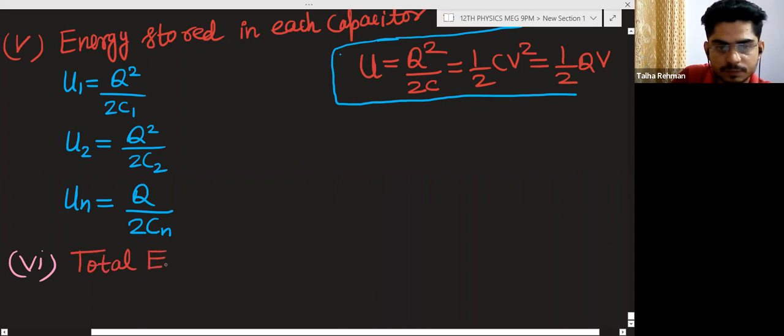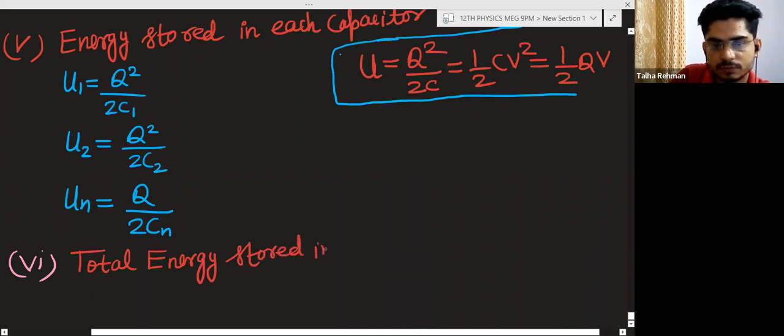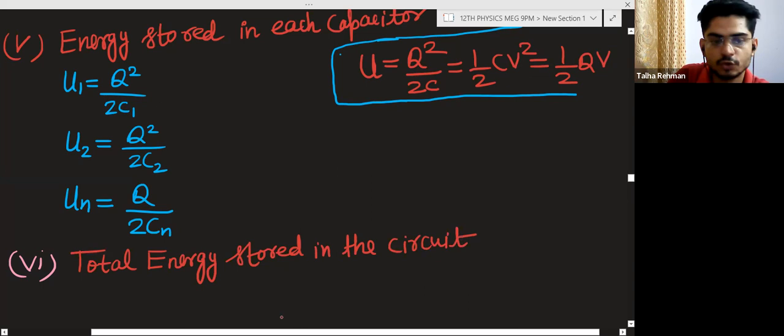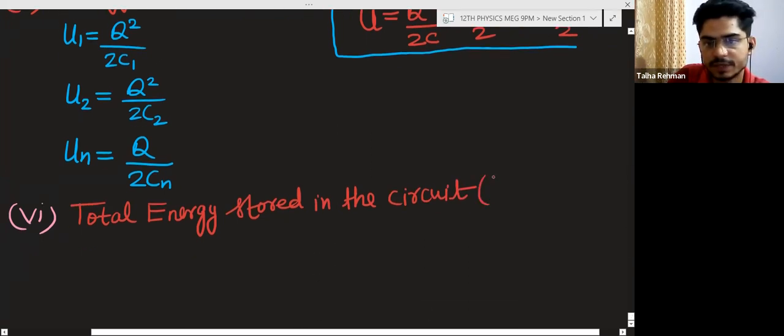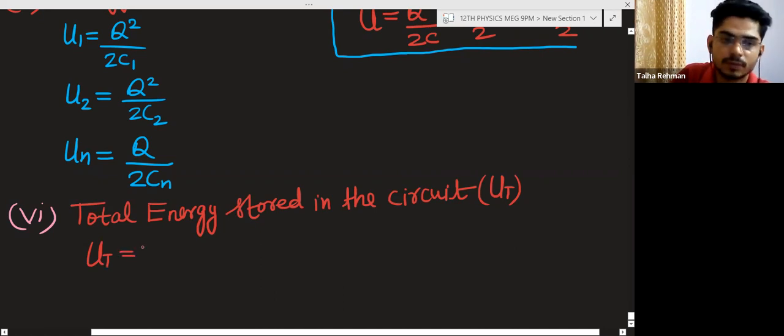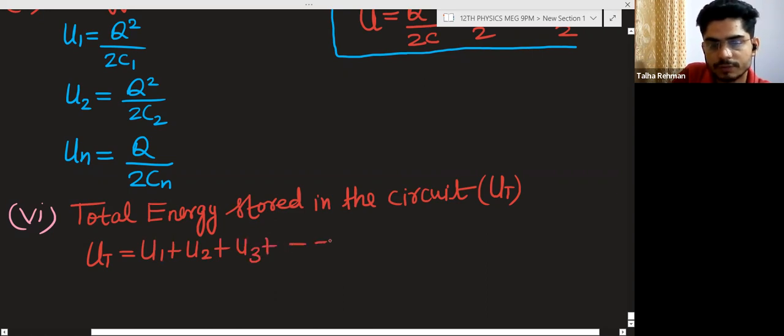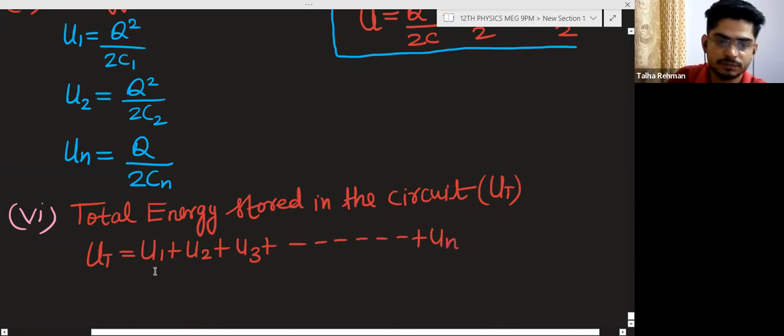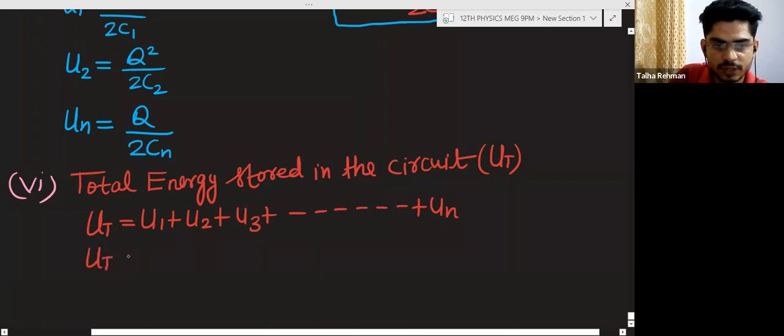Total energy in the circuit, I am representing it U suffix T. So U suffix T is equal to U1 plus U2 plus U3, because energy is a scalar quantity and we can add the energy directly without considering the direction. So U total is this.